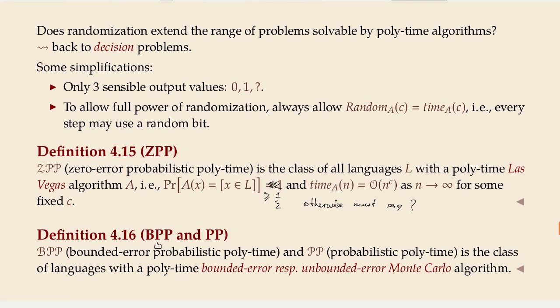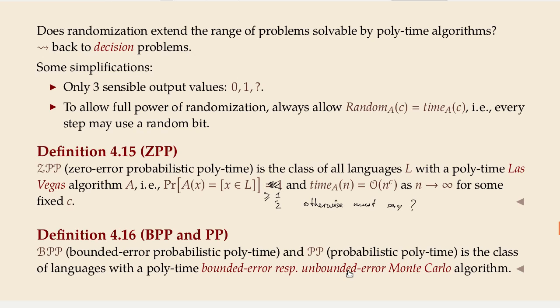Then we have the same kind of classes for the Monte Carlo methods. BPP is for the bounded error Monte Carlo algorithms, and it stands for bounded error probabilistic polytime. Whereas just PP stands for only probabilistic polytime and corresponds to unbounded error Monte Carlo methods.